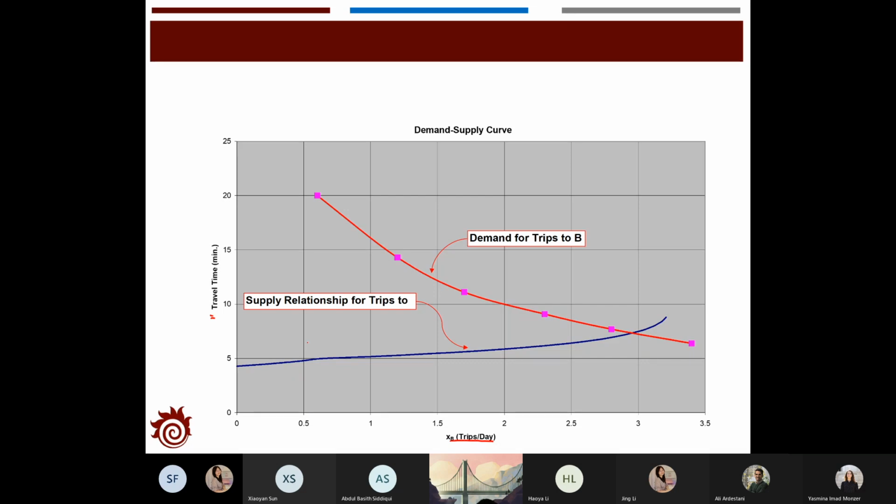And from the previous study, we found out the supply function, which is determined by the fundamental diagram. In the previous table, we found out the demand function, which is the demand for the activity in town B. And these two functions, these two lines, will actually intercept with each other.